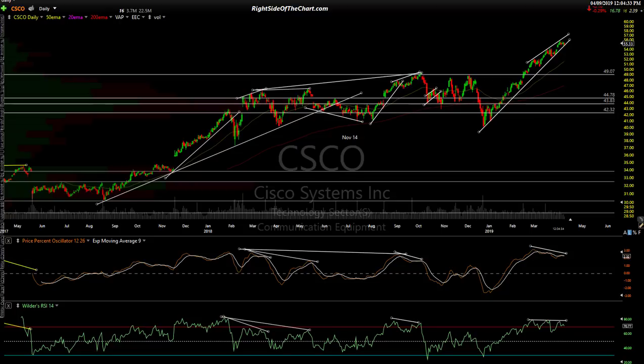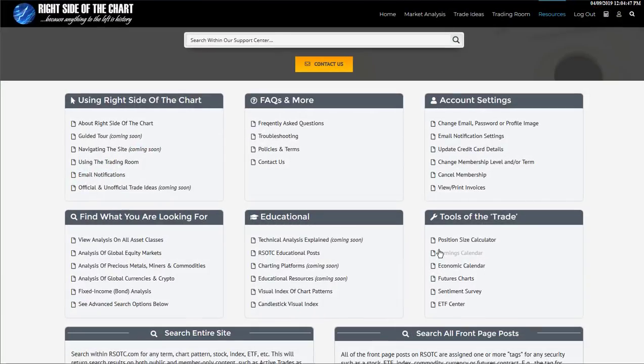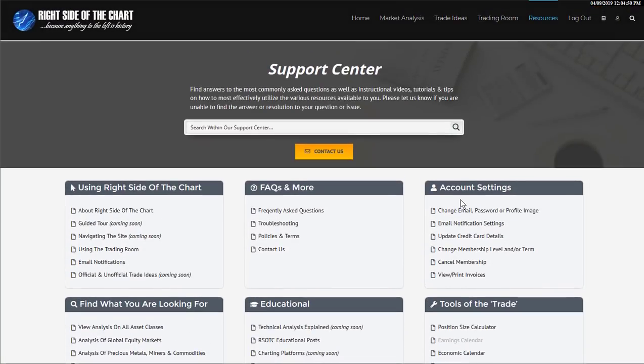It is imperative that you check your existing trades, and probably even more importantly, any new trades you're considering. Let's take Cisco for example. If you were to short Cisco on a break of this uptrend line and then they report next week, that can change everything. So know the companies that you're either currently in or planning to take.